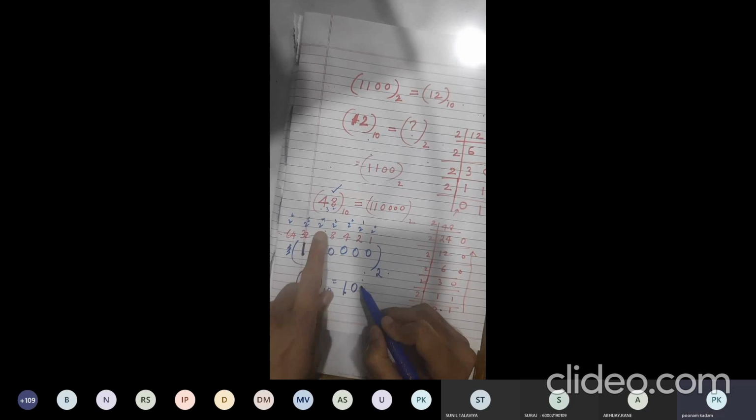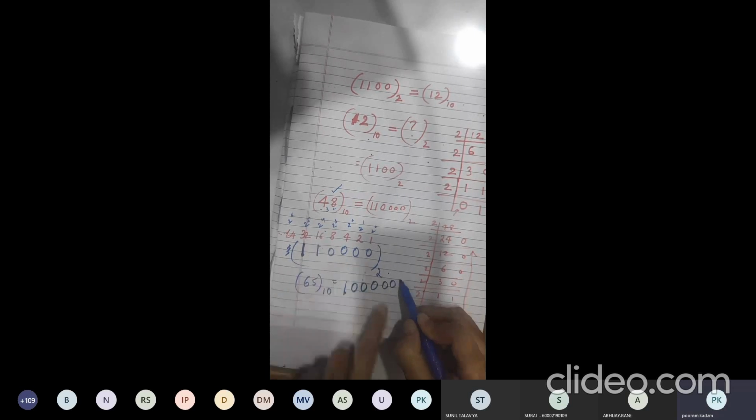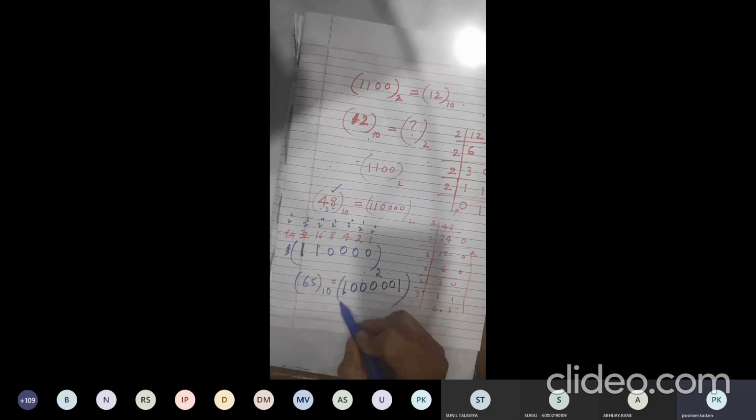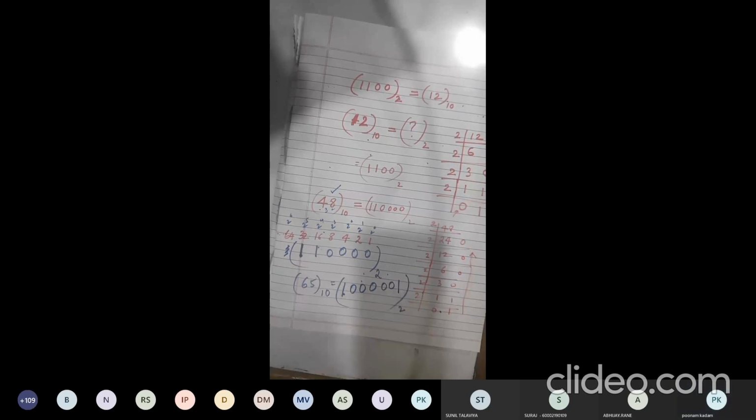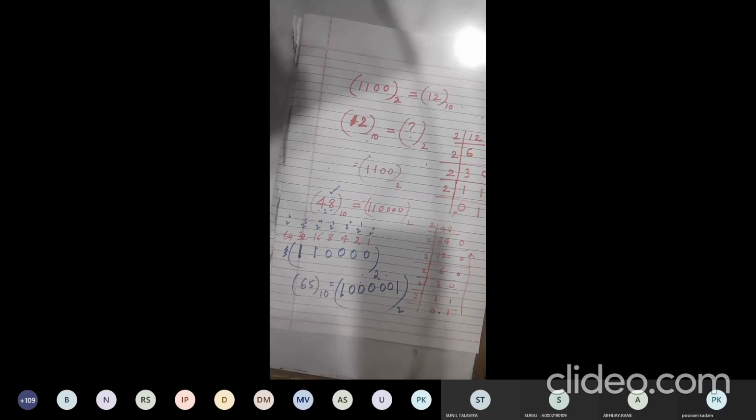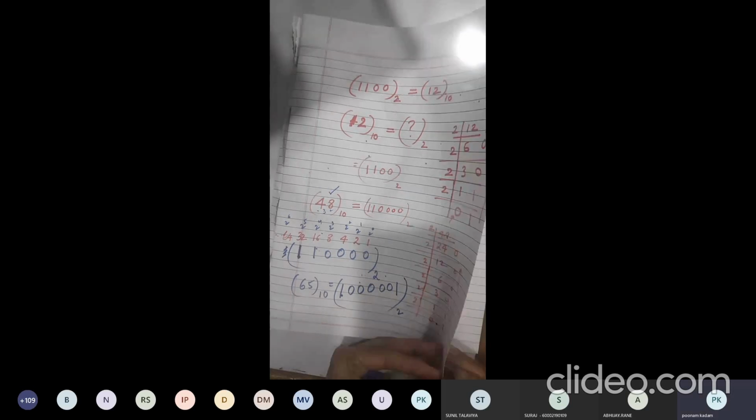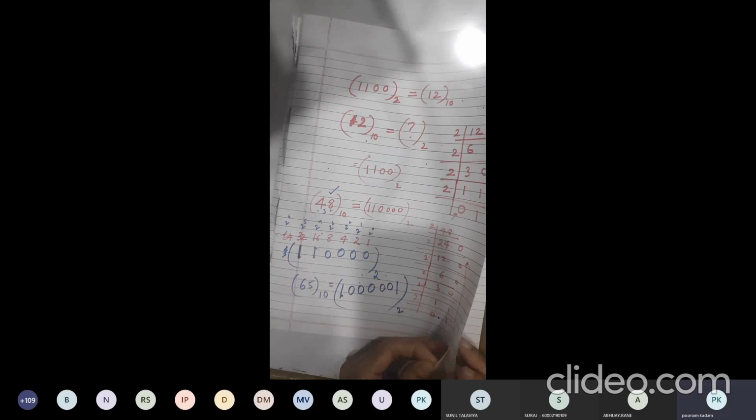Under 16, 0. Under 8, 0. Under 4, 0. Under 2, 0. And then 1. So this is the binary equivalent of decimal number 65. I think this is clear to everyone. This is one of the fastest ways to find out the binary equivalent of a given decimal number.